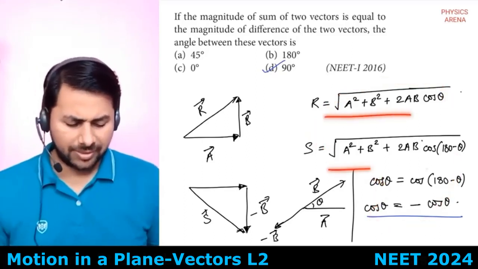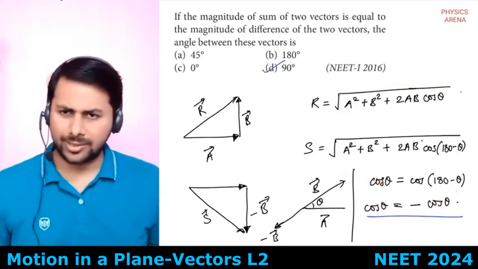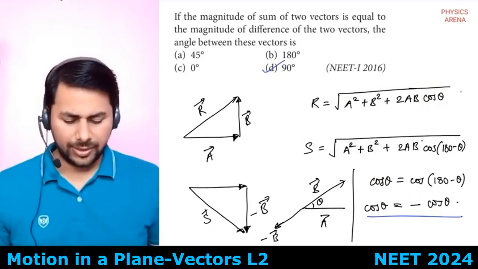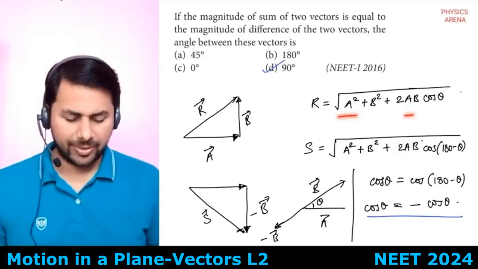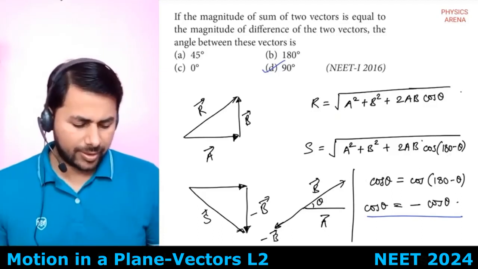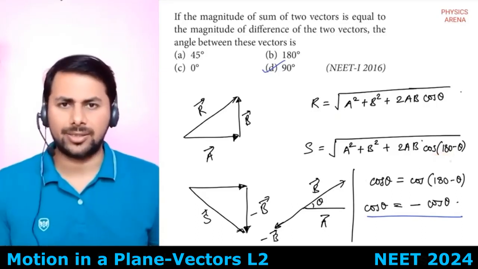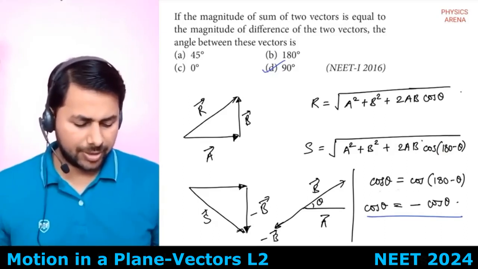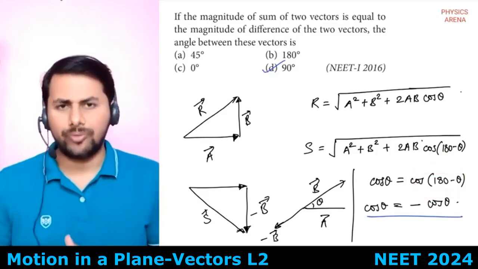Because I am writing and explaining, it's taking some time. It will not take time for you. You will just say in your mind only, this will be A square plus B square plus 2AB cos theta. The other angle will be 180 minus theta. So cos of theta is cos of 180 minus theta. What is cos of 180 minus theta?